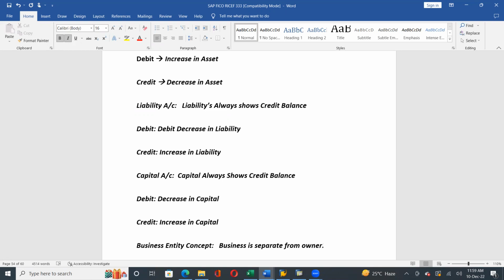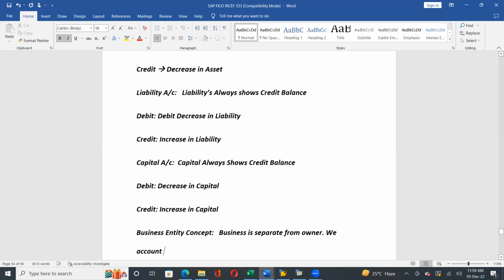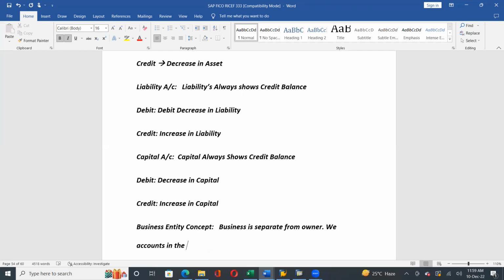Whenever we are doing accounts, we will do them from the business point of view, not the owner's point of view. Understood? This is the concept we need to remember first: business is separate from owner.